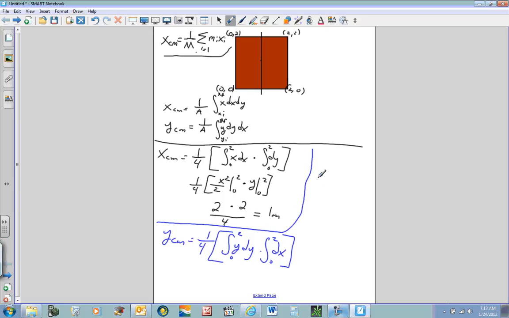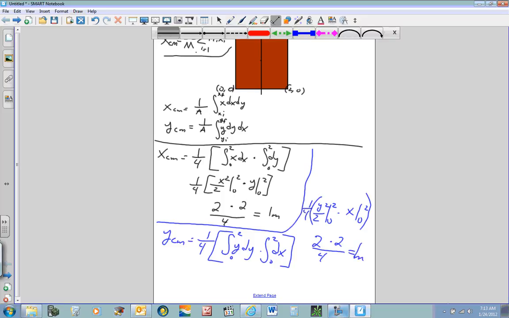And so I'm going to get 1 over 4, y squared over 2 from 0 to 2, times x from 0 to 2. Again, 2 squared over 2 is 2, minus 0 is 2, times 2 minus 0 is 2, all over 4, and that's going to equal 1 meter.